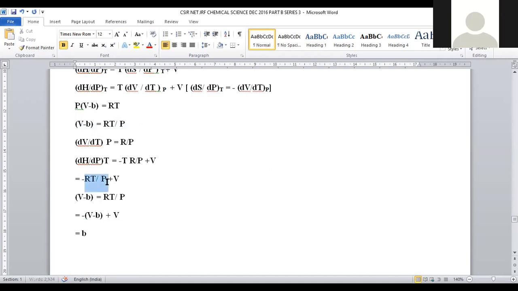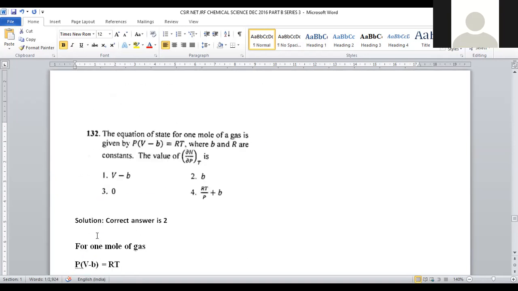So here the RT by P value can be substituted with this, so that the equation becomes minus V minus B plus V. So here minus B plus V both get compensated, only the term left over will be plus B. So dH by dP at constant T is equal to B. That is given in option number 2. So for question number 132, option number 2 is the correct answer.